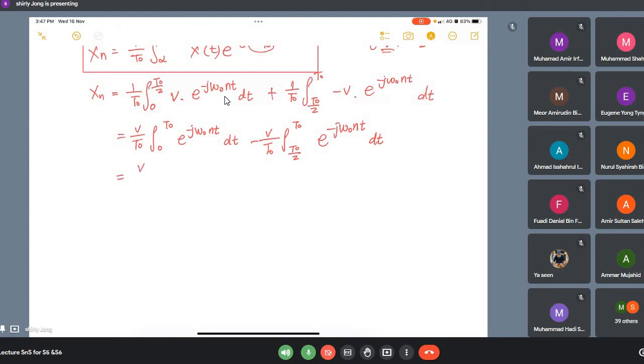So this part you will bring out, so it's negative j omega naught n. Then this part, after integrating, you obtain exponent negative j omega naught n t from 0 to T naught over 2, and then minus V over T naught. So this is also part of the integration.